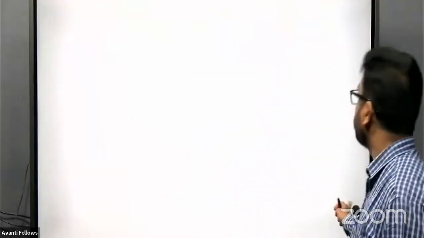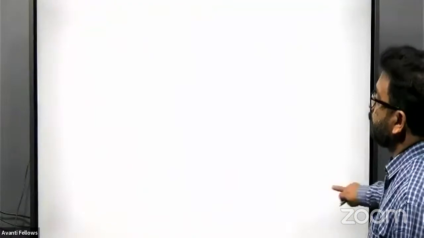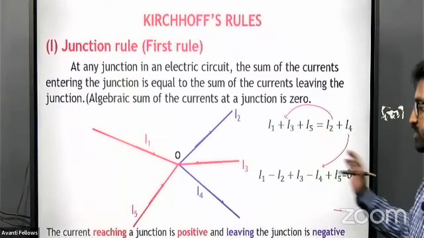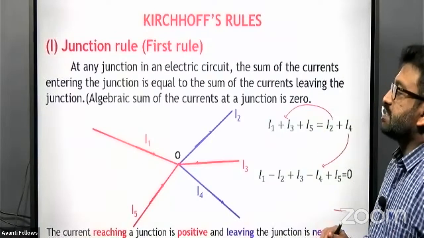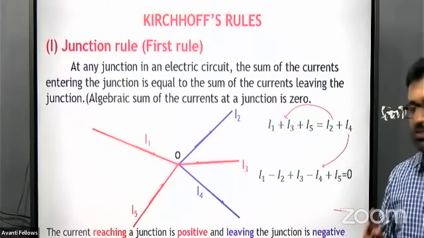I think this is clear. The currents reaching the junction are positive and currents leaving the junction are negative. So the junction rule states that at any junction, the algebraic sum of all the currents at a junction reduces to 0.